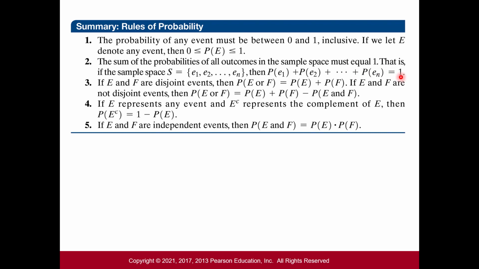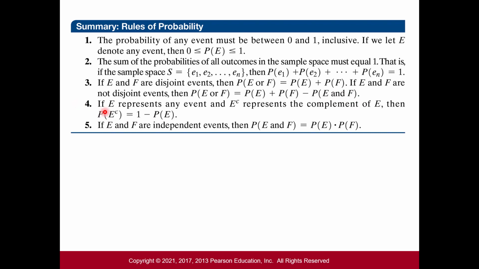3, if 2 events, we're saying E and F, if they're disjoint, then the probability of E or F is the addition of the 2 individual probabilities. If they're not disjoint, then the probability of E or F is the addition of the 2 individual probabilities, but we have to subtract the overlap. Okay, so this is minus the probability of E and F occurring.